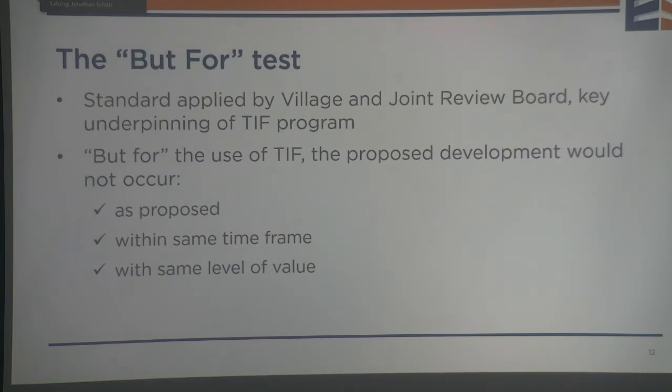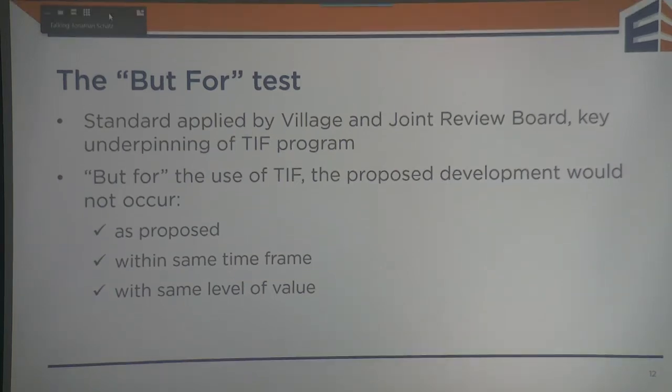Essentially the idea is, but for the use of TIF for a particular project, that proposed development would not occur either as proposed, within the same time frame, or with the same level of value. And the idea is finding what level of investment and what level of development the village is comfortable with or is seeking, and does this proposed development meet those needs?